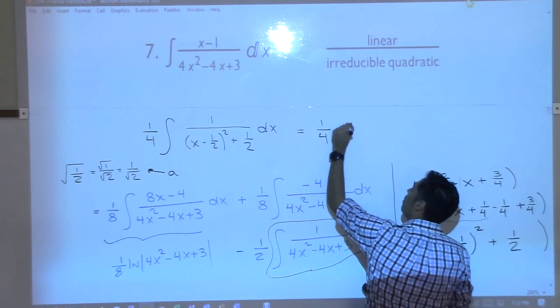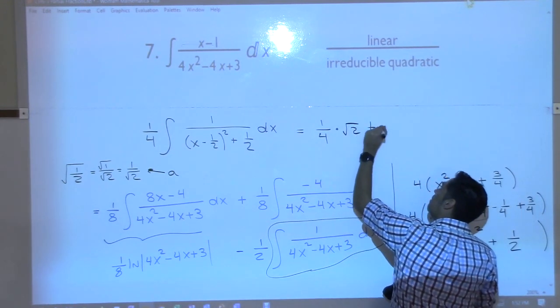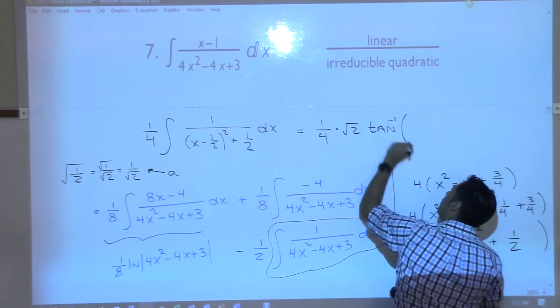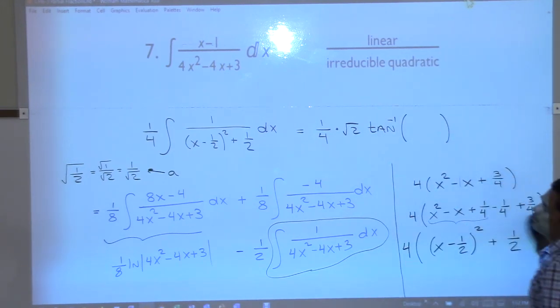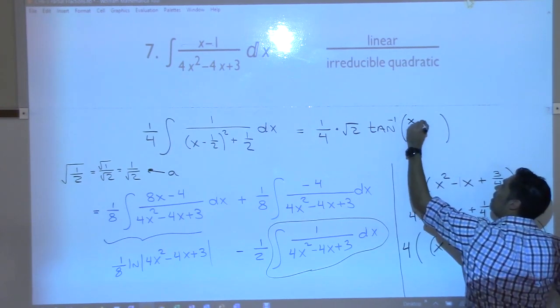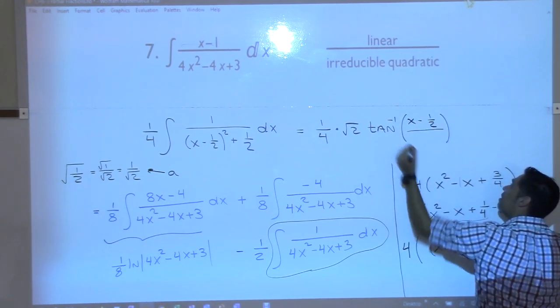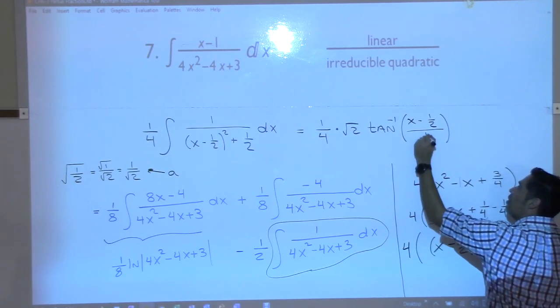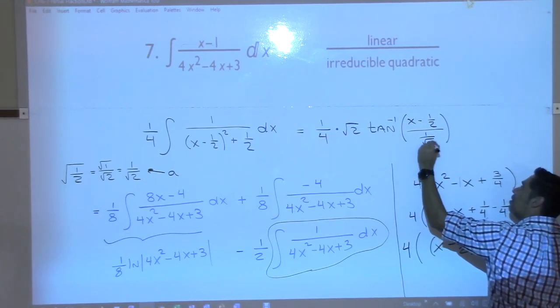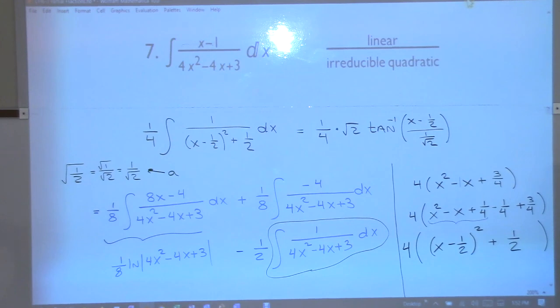So root 2 arctan of x minus 1/2 over 1 over root 2. There it is. Plus c. The plus c is about to come. Any questions?